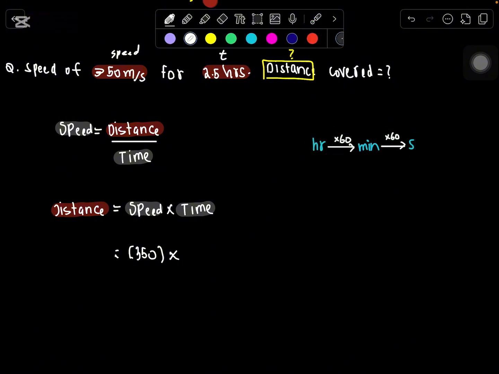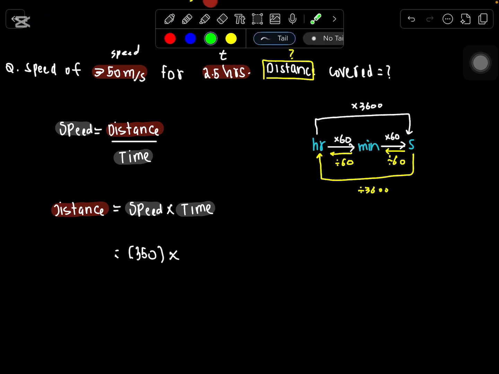So 60 into 60 is 3,600. So when you go from hours to seconds, you multiply by 3,600. Now, if you reverse this, going from seconds to minutes, you divide by 60. And going from minutes to hours, again, you divide by 60. And going from seconds to hours, you divide by 3,600.